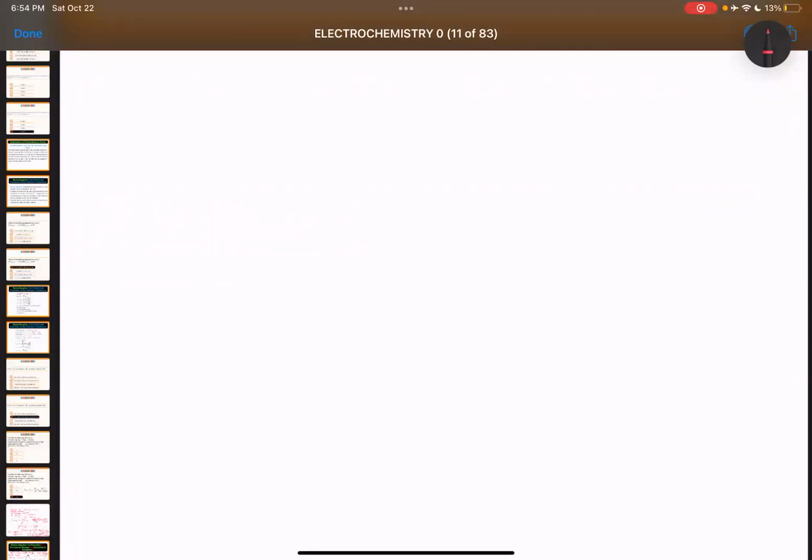So just tell me what is going to be the value for delta G. If you forgot, no problem, we will derive it. Delta G and E cell. Just remember this.